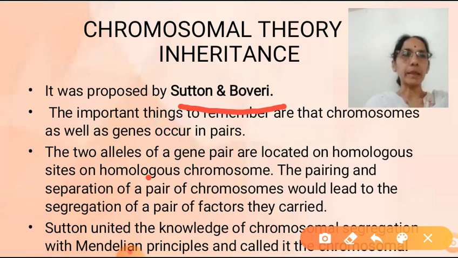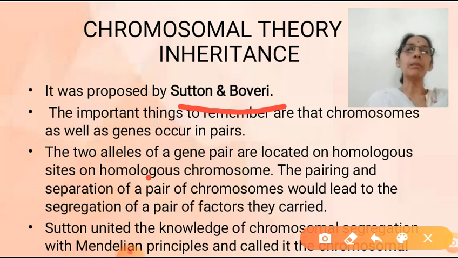The pairing as well as the separation of the chromosomes lead to the separation of the alleles of a gene also. So this is called the chromosomal theory of inheritance. That is, the behavior of the chromosomes and the allele pairs of a gene are parallel to each other. They both always occur in pairs.